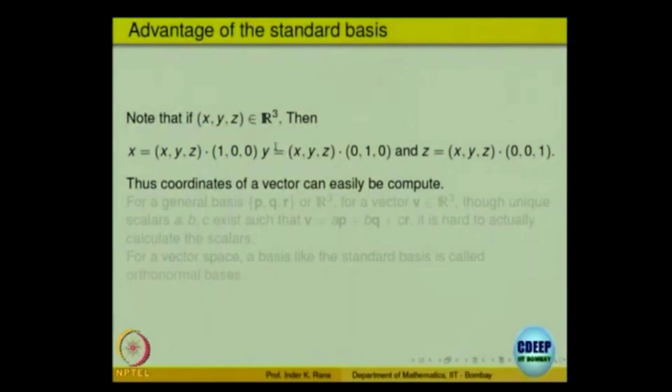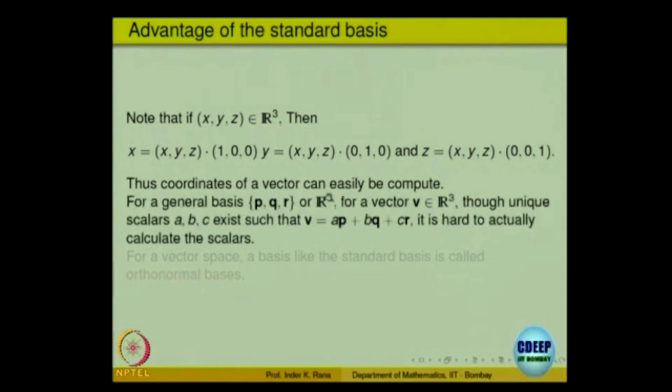If instead of 1 0 0, 0 1 0, I had some other basis, then I would have to write x, y, z equal to alpha times v1 plus beta times v2 plus gamma times v3, and solve those three equations in three variables to get alpha, beta and gamma. Those will be the coordinates of that vector with respect to that basis. I have to do a lot of work, but here I simply take a dot product and get it very easily. So bases in which each element is perpendicular to the other elements have an advantage.